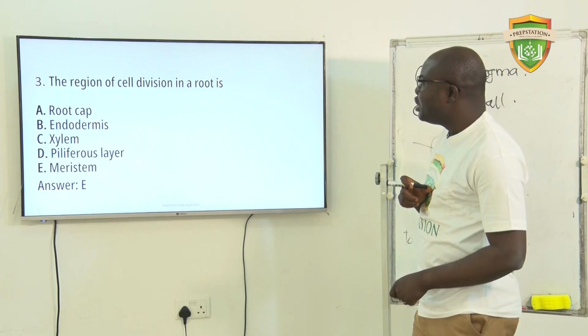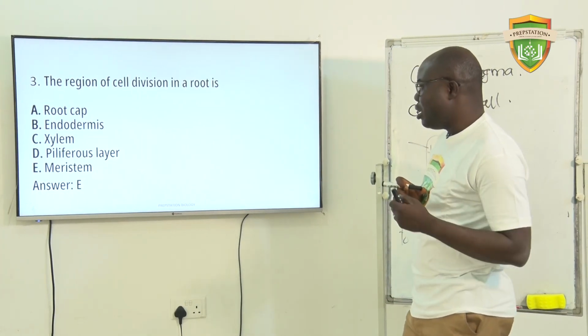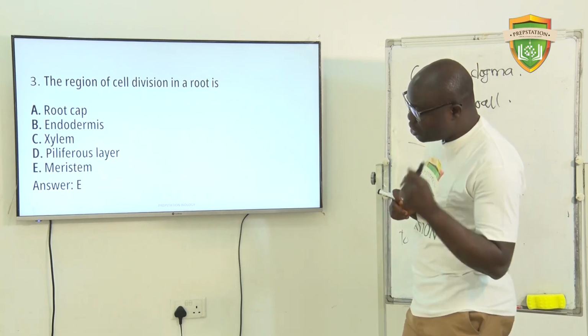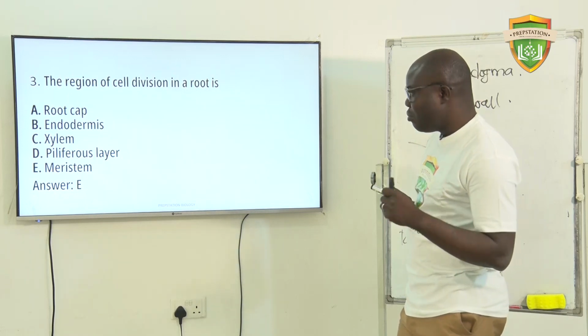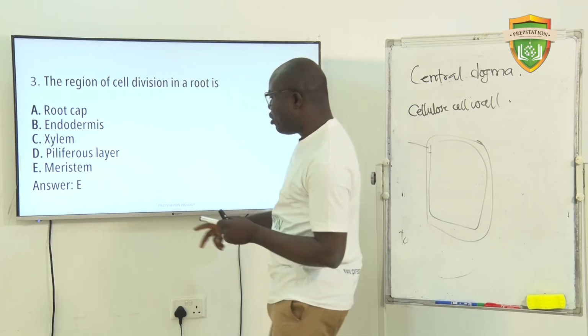Then, the next one: the region of cell division in a root is dash. Most guys will be confused about this, but I want you to pay attention to me. There is this word here called meristem.